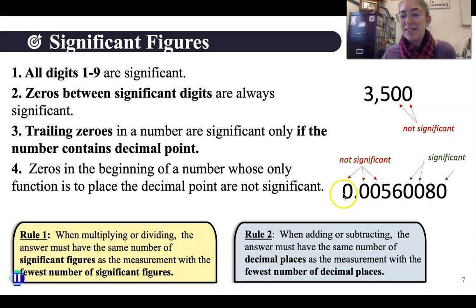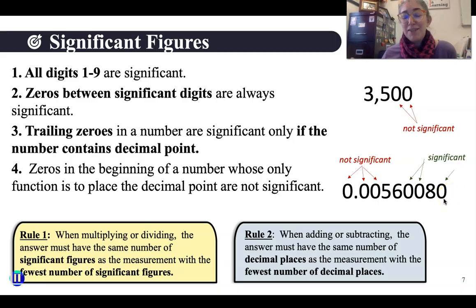These leading zeros in the front, you can consider them placeholders. They're not significant. They just tell us how many digits to go out before we start seeing significant numbers. So these zeros in between and at the tail end after the decimal point are significant.